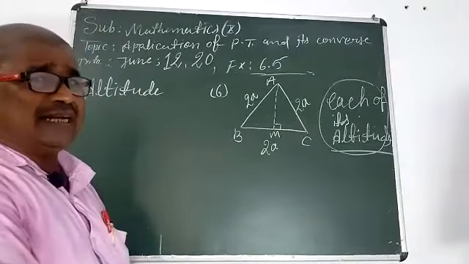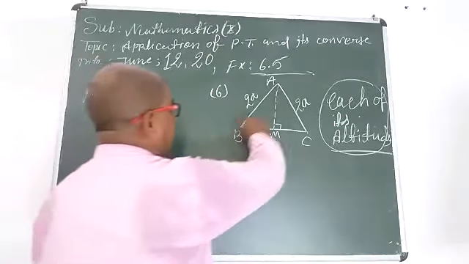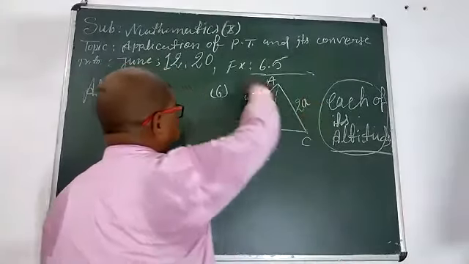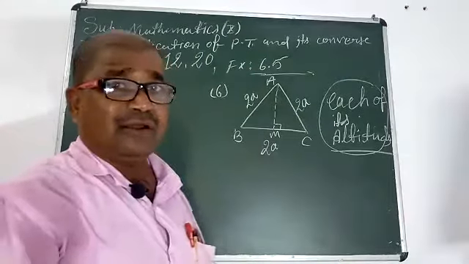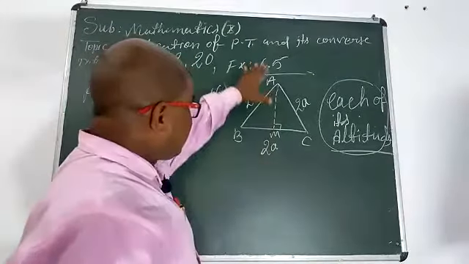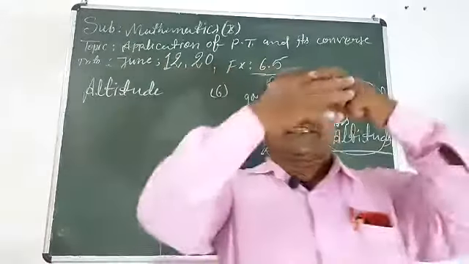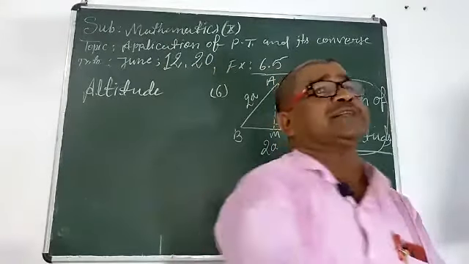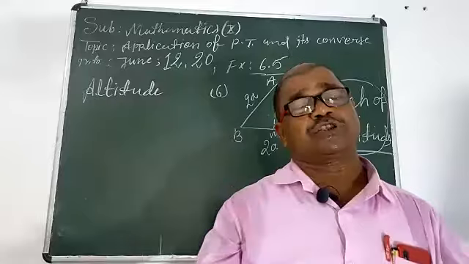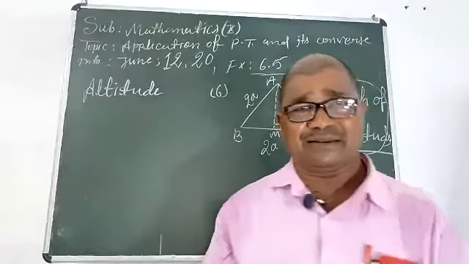Now AM is the altitude. Don't draw BN, don't draw CK. After finding the length of AM, we can say the lengths of all its altitudes are the same because the triangle is equilateral.